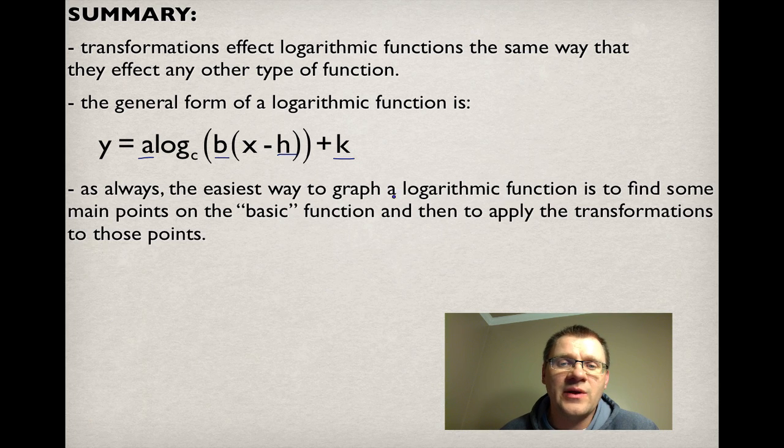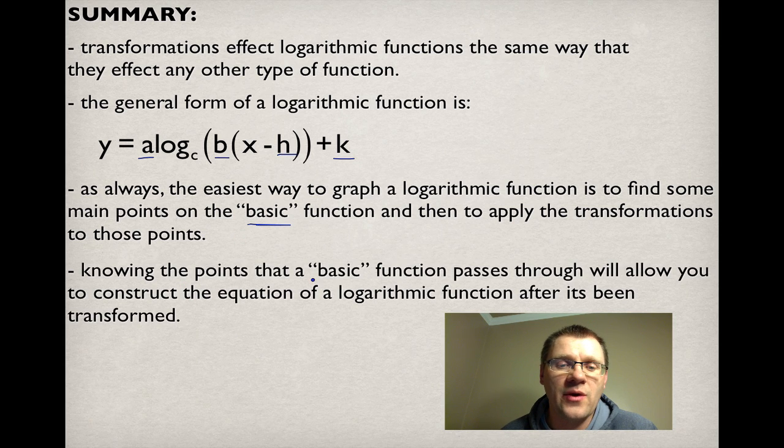As always, the easiest way to graph a logarithmic function is to find some main points on the basic function and then apply the transformations to those points. Then all you need to do is just plot those points. And finally, knowing the points that a basic function passes through will also allow you to construct the equation of a logarithmic function after it's been transformed. So if you're given a picture of a function, you need to know what the normal function looks like in order for you to find the equation of the new function.